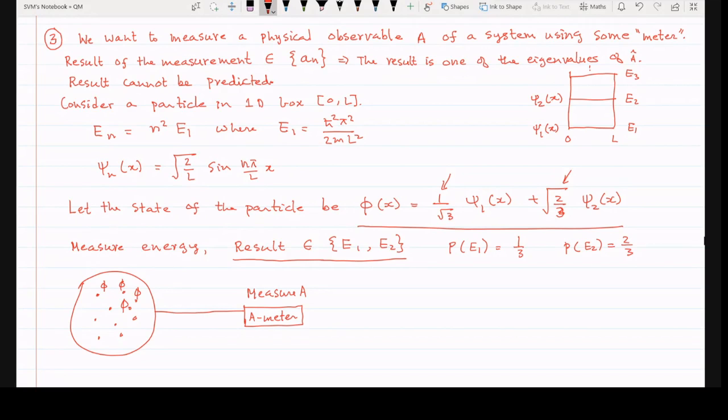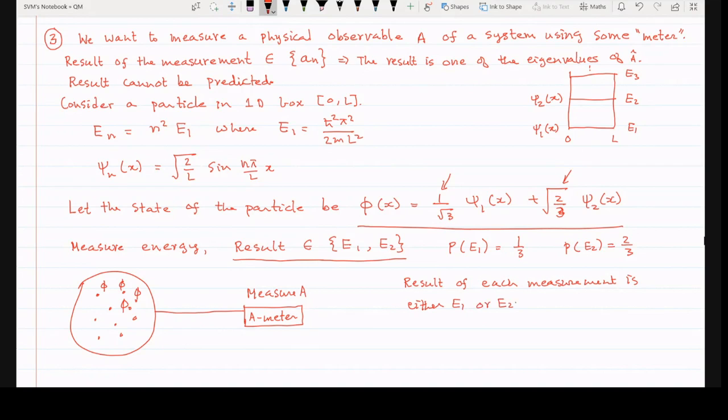So you are going on measuring this A, and what happens in this process is that in each measurement, the result of each measurement is either E1 or E2.